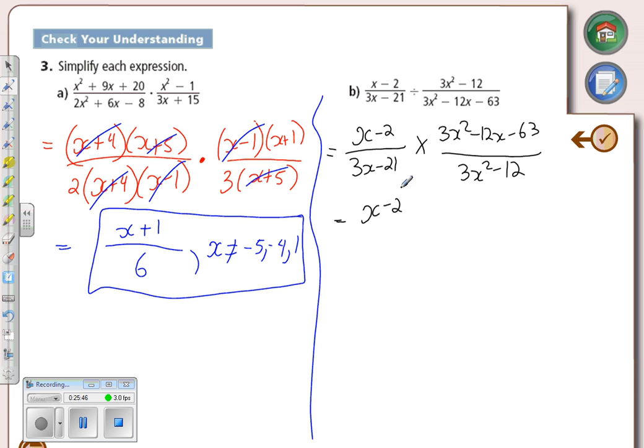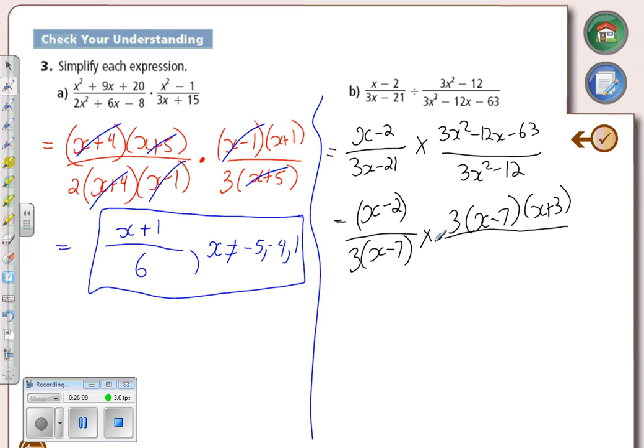First one is already factored. Second one we can take out a 3, x minus 7, multiplied by this one. We can pull out a 3. And then when we factor that all up, x minus 7, x plus 3, we'll get lots of practice factoring all the way through.